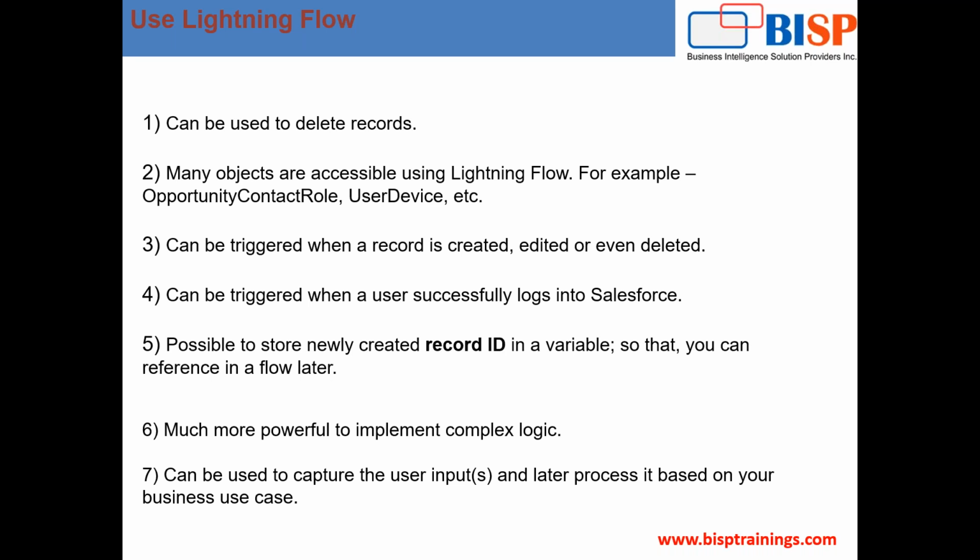It is possible to store a newly created record ID in a variable so that you can reference it in a flow later. It means it stores the latest ID also, so we can use it in further ways. It is much more powerful to implement complex logic and can be used to capture the user input and later process it based on your business use case.